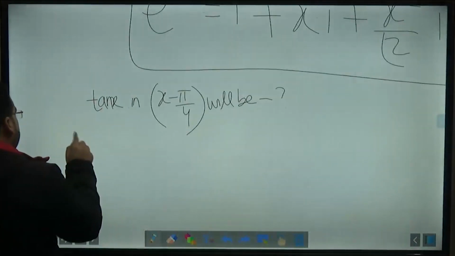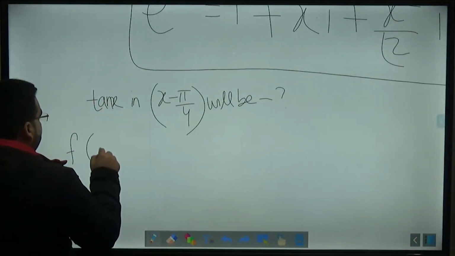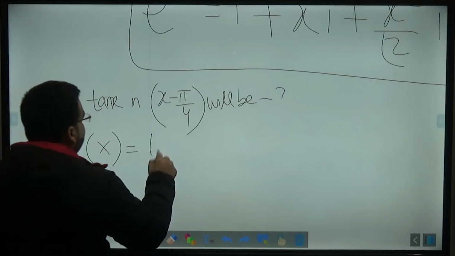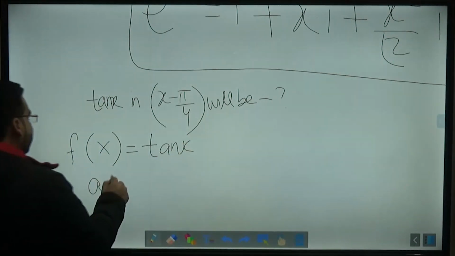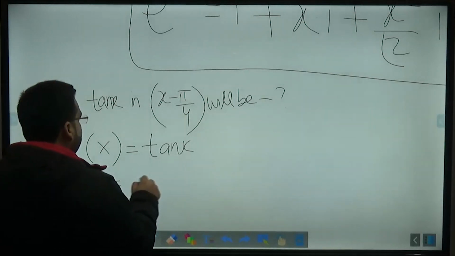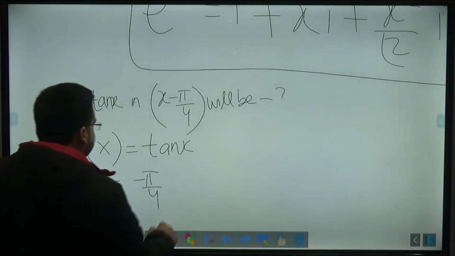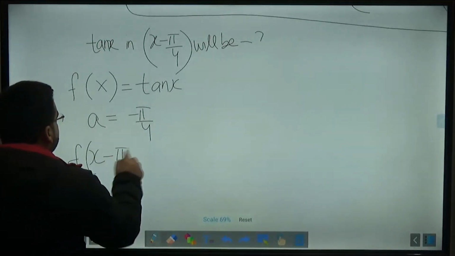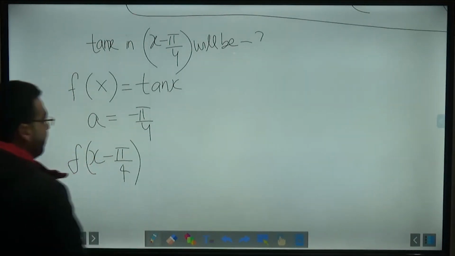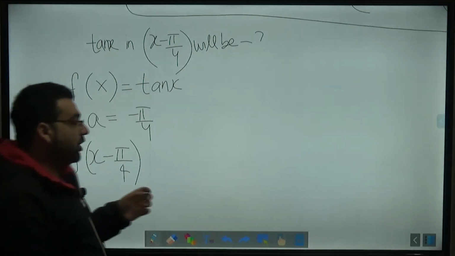So very simple. So f of x, I have got it as tan x. Clear? Now let me do one thing. Let me put a is equal to pi by 4.